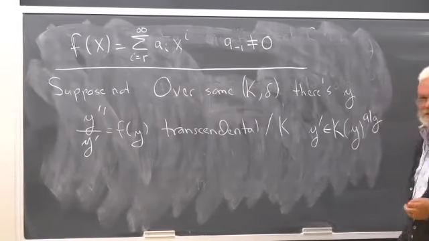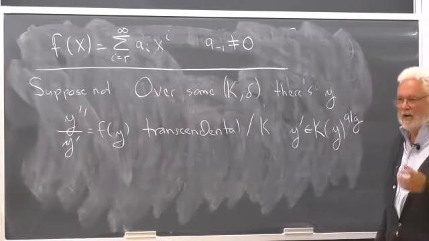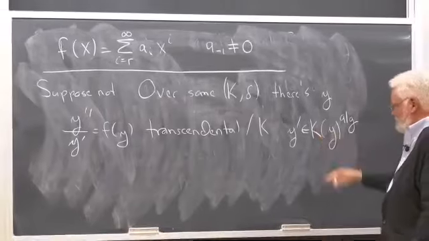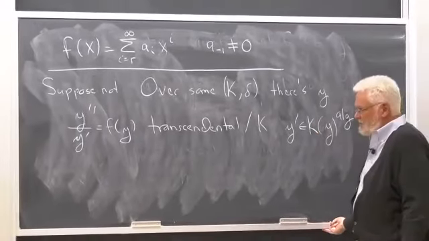Okay. This is saying that y and y prime satisfy some algebraic equation over k. This gives me a first order equation.